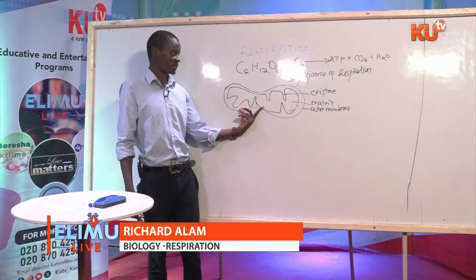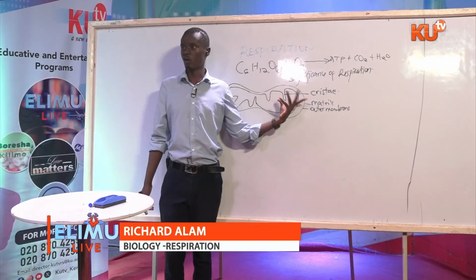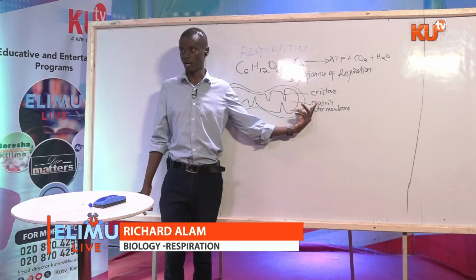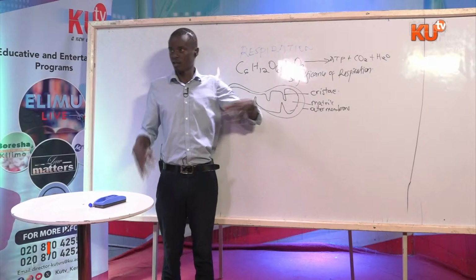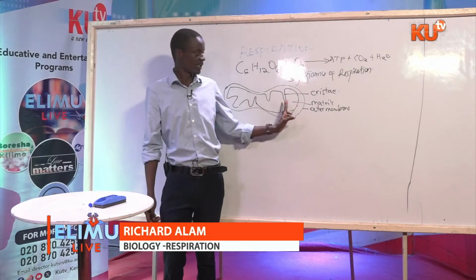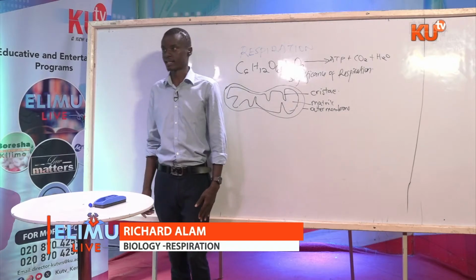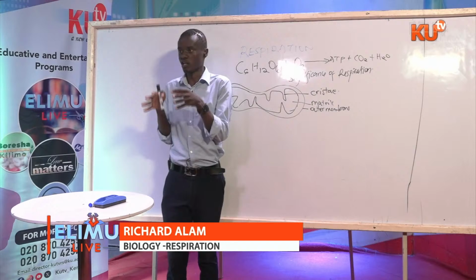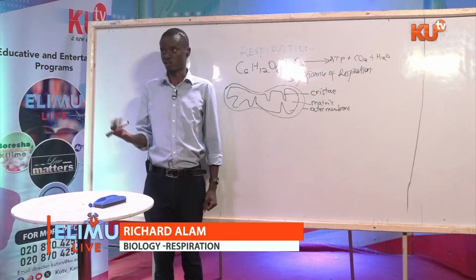The next adaptation, which is the second and the last adaptation of this very important organelle in living organisms, is the fact that the mitochondrion has a fluid-filled matrix containing numerous respiratory enzymes that catalyze the rate of respiratory reactions.